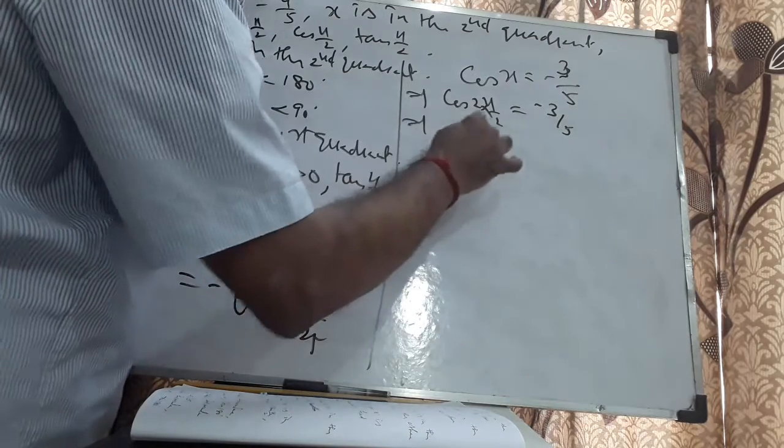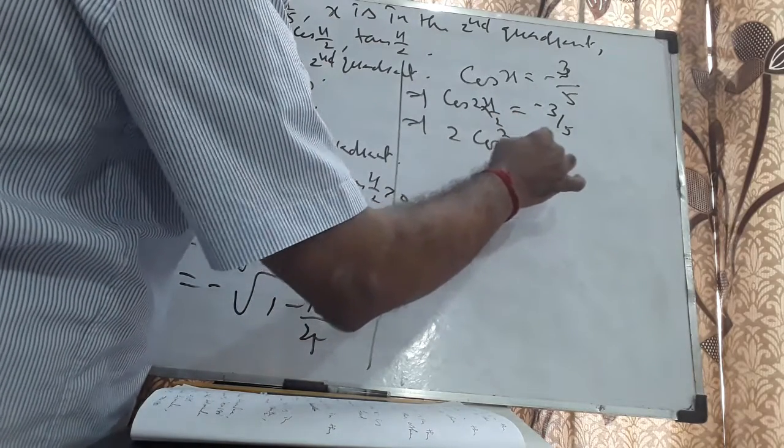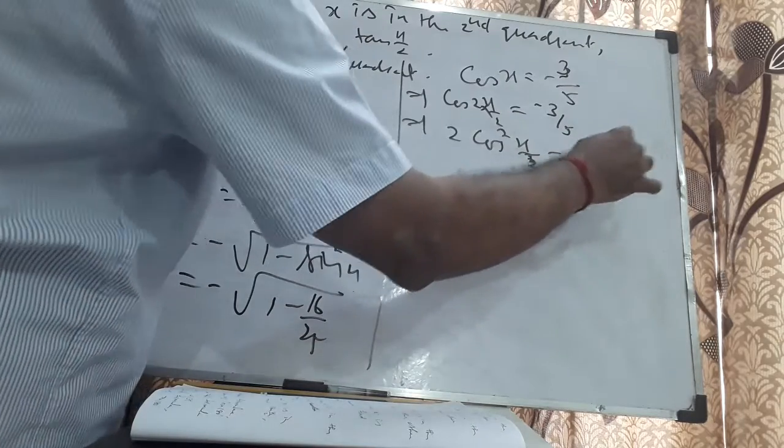Which implies 2 cos square x by 2 minus 1 is equal to minus 3 by 5.